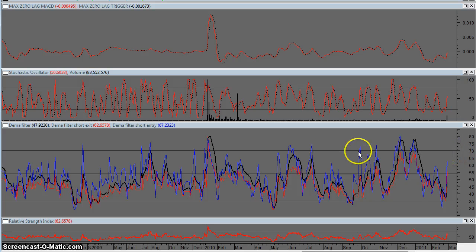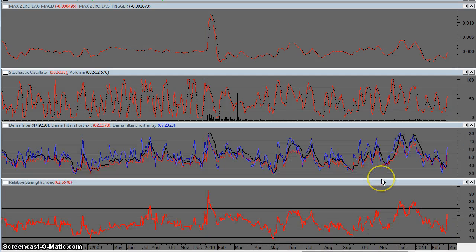As we can see, it's done 3 trips to the 80 mark in the past, but it quite conservatively can run to the 70 mark is what I tend to be thinking. RSI is on the way up as well, and it's still got more to go. And again, in the past we've been up to 90 before on a very much a vertical. So yeah, it's got plenty of room to move on the daily charts indicators there.